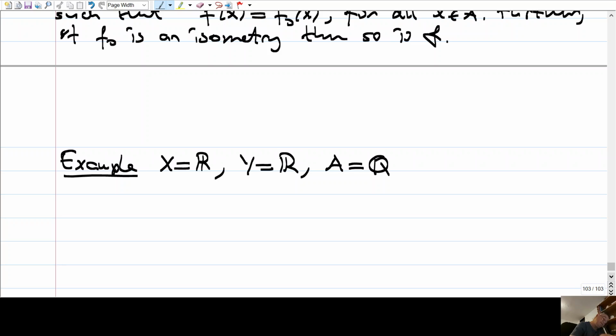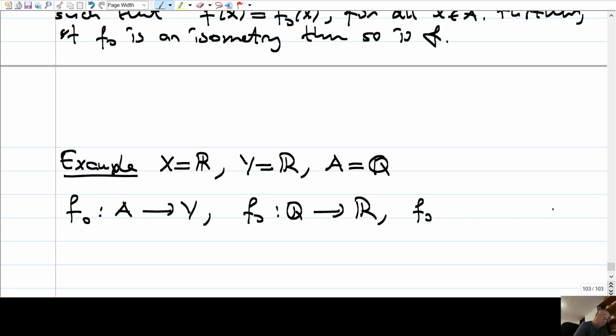Consider this function from A to y, so from Q to R, defined by f0 of x is just 1 over x minus root 2.